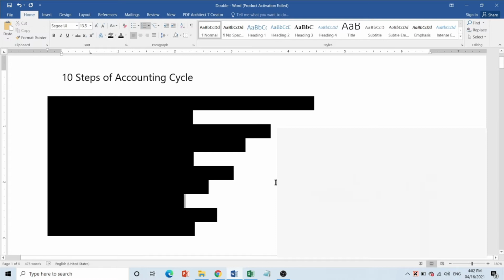Okay, so by now, I will share to you a topic which is one of the 10 steps of accounting cycle. So if we will try to remember, there are 10 steps of accounting cycle.